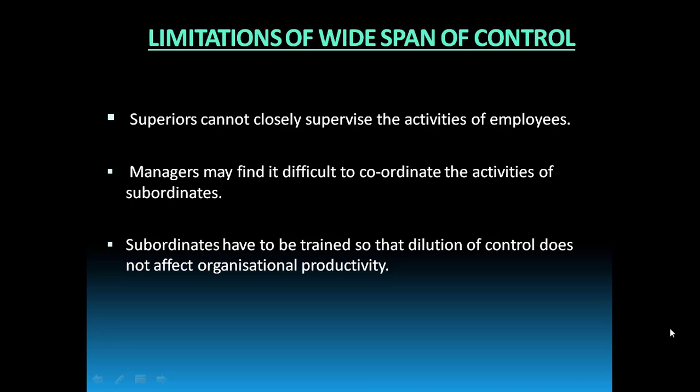So it is very important that when an organization is exercising wide span of control and keeping one manager for many subordinates, the subordinates are trained and skilled, so that they can do work on their own and do not need much guidance and supervision from the managers. And if this is not possible, then the subordinates will not be able to achieve their targets properly, and automatically the organizational productivity will be hampered.